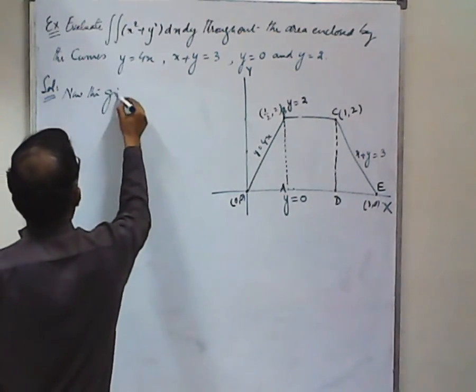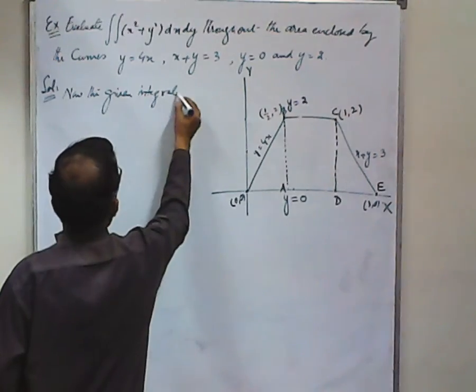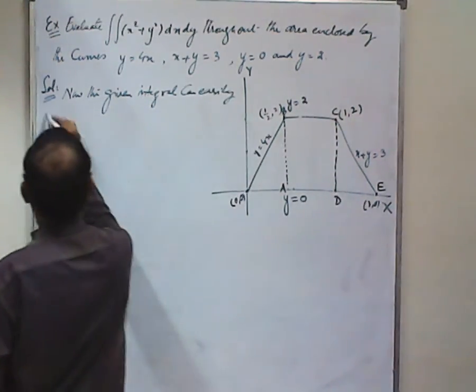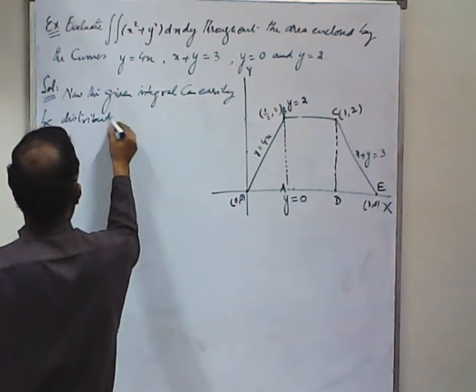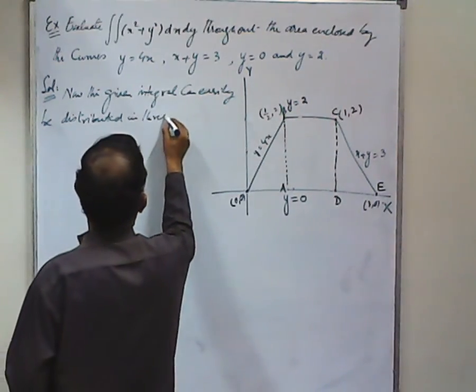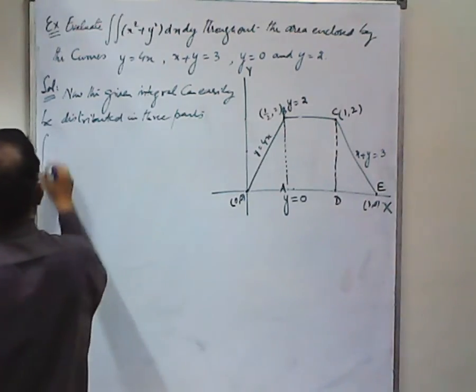Now the given integral can easily be distributed into 3 parts. And what are they?